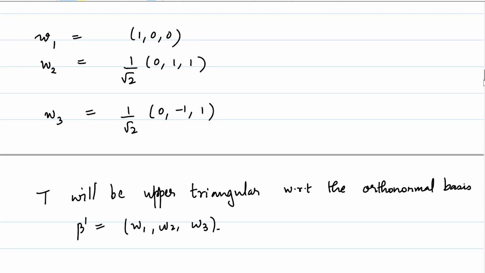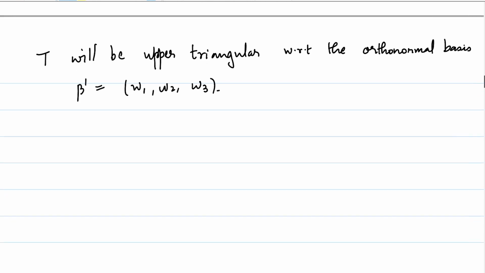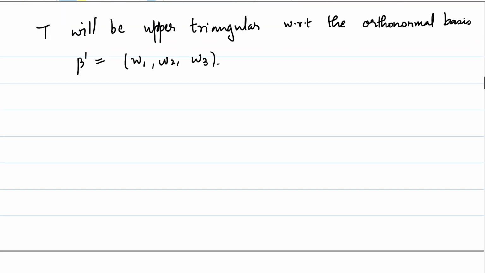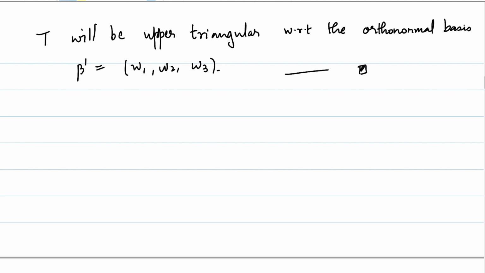So I don't even have to sit and compute what the matrix of T will be. Of course, we can't do that because we don't know what T is, but nevertheless, from the theory that we have developed and from the abstract mathematics that we have already seen, we can conclude here that T will be upper triangular with respect to this orthonormal basis. Okay, so that's more or less the first problem.